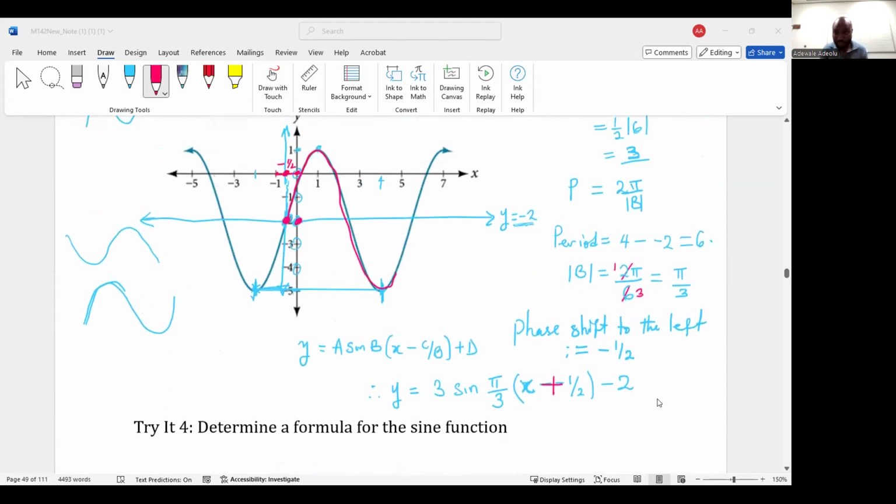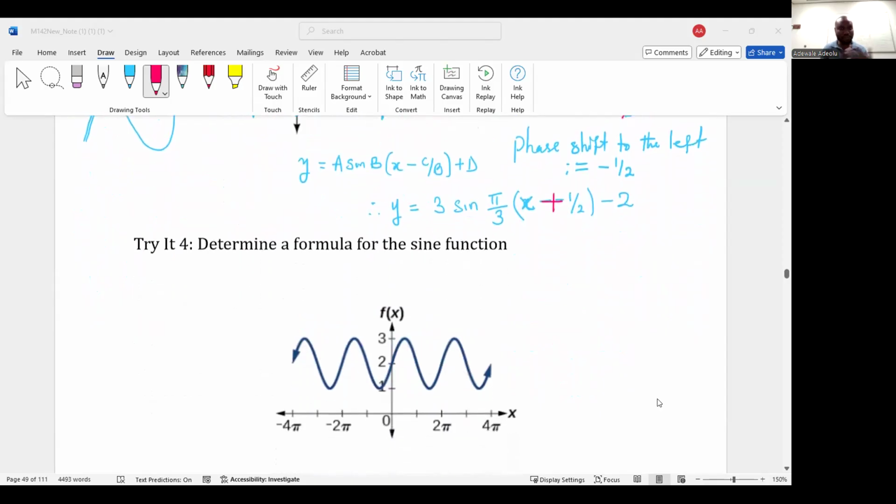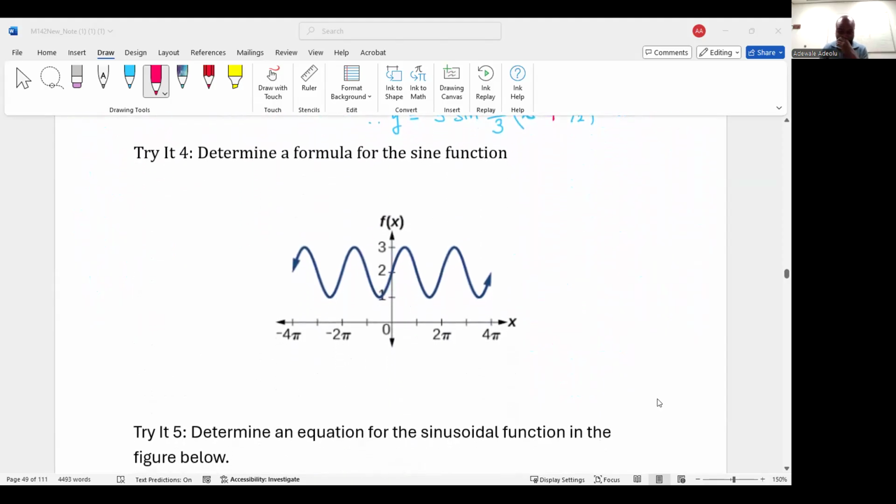I know this is a lot. You can replay the two examples and use that idea to find it, so you are not restricted in how you can find it. Here, you want to find sine. In fact, you can even find cosine for it and graph it in decimals.